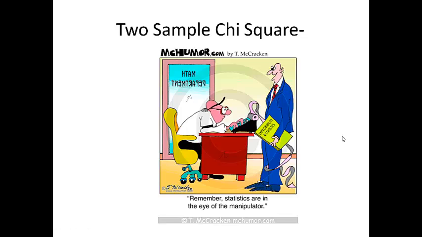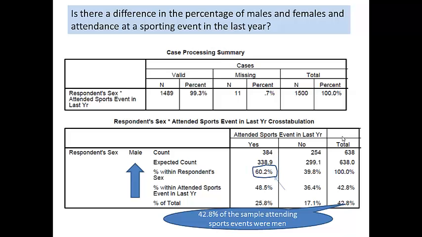And if we look at the two-sample contingency table, is there a difference in percentage of males and females attending a sporting event in the last year? So we take the same sample set apparently in this study, and we're going to look at gender and yes/no categories of attending a sporting event. So here's for the male.